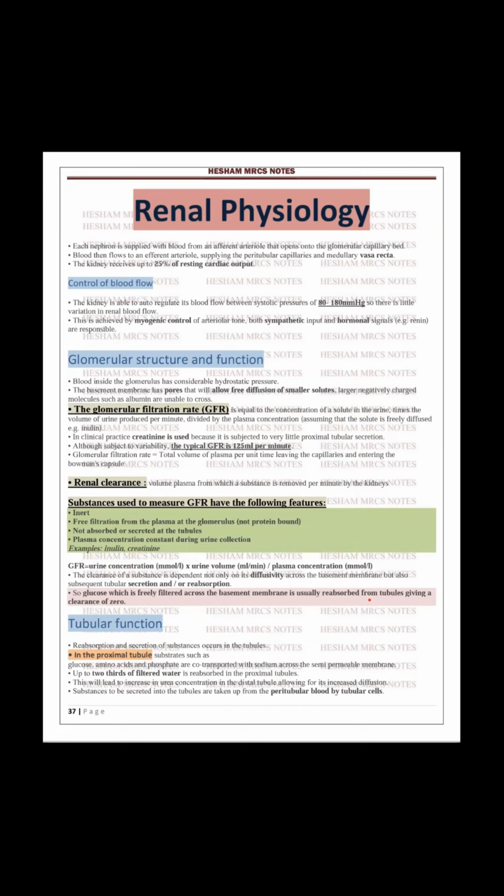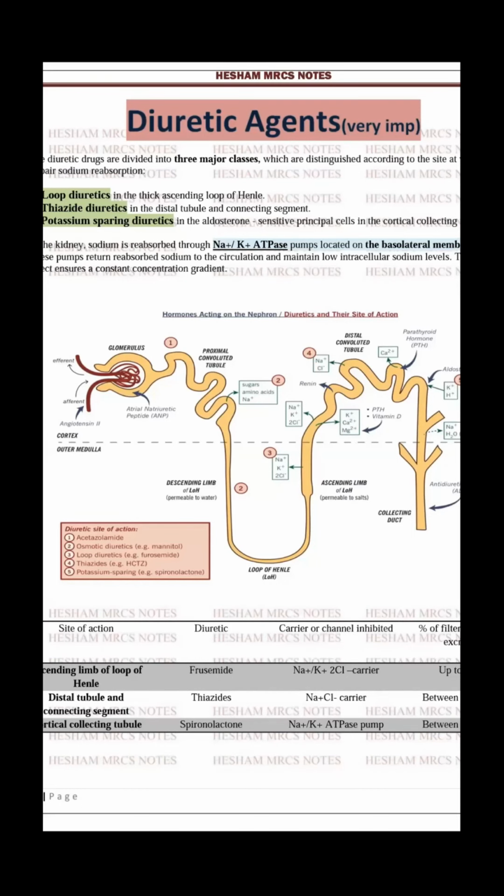First, we have a very important system here. I will try to make it simple with the next slide. This is the same picture of the nephron. We have the afferent and efferent arterioles entering the glomerulus. This is the proximal convoluted tubule.